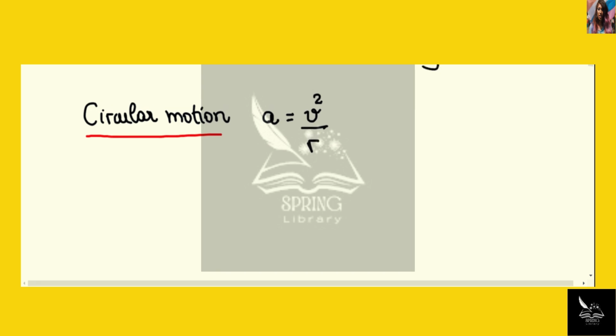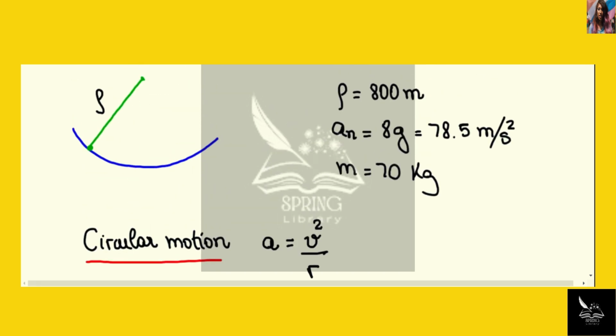Okay, so now we are able to solve the exercise. So what we have is an airplane that's making a circular motion that has a radius of 800 meters. Okay, and just to make clear, the gravitational force is in this direction, the gravitational acceleration.